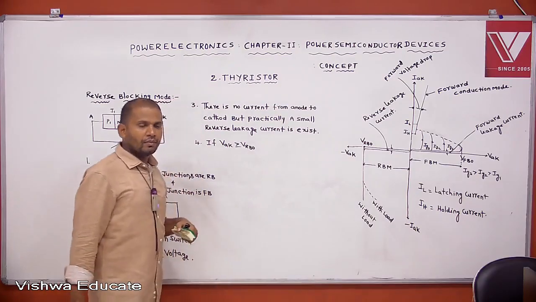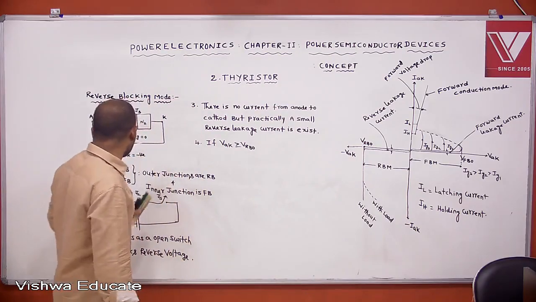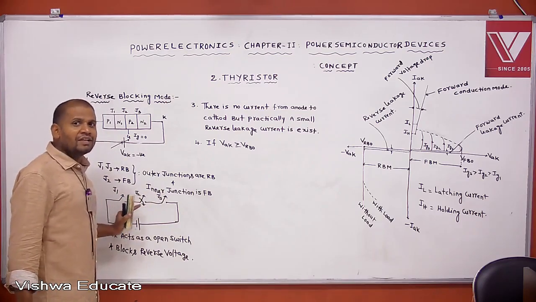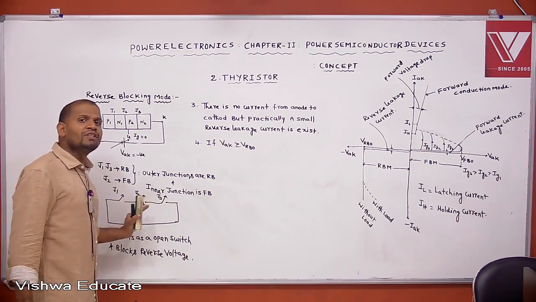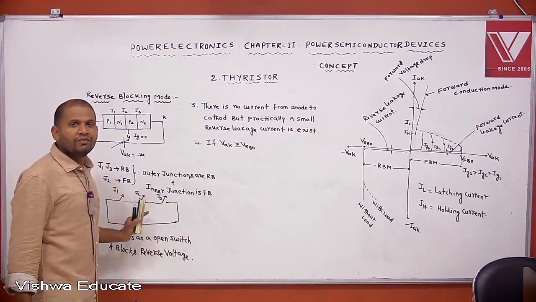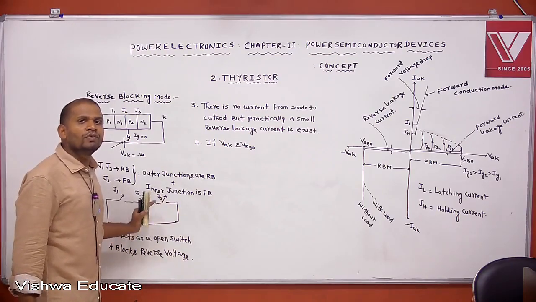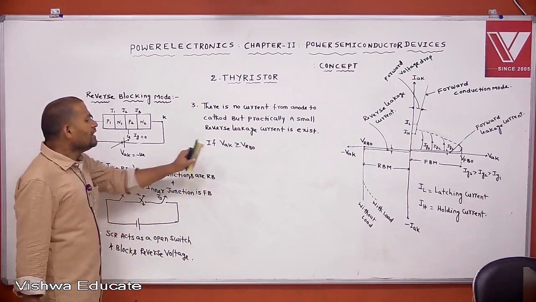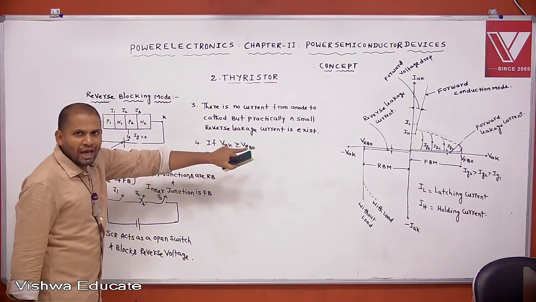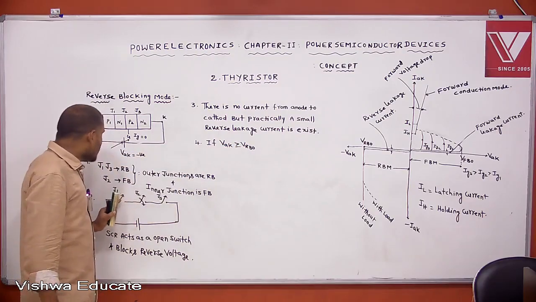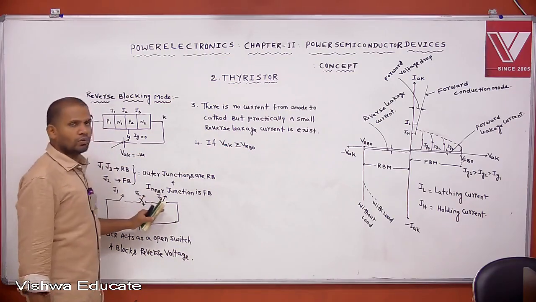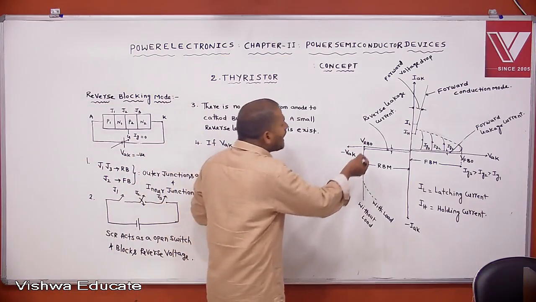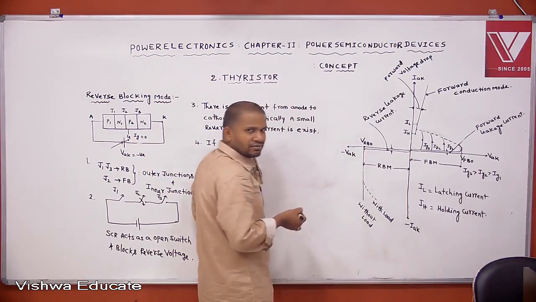We know that under reverse bias condition, J1 and J3 are open. Every junction has its own withstanding capability. Now, whenever VAK is greater than or equal to VRB0, J1 and J3 break down, and the current sharply increases.